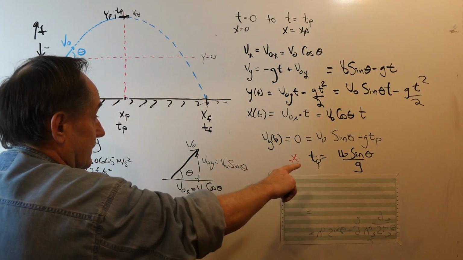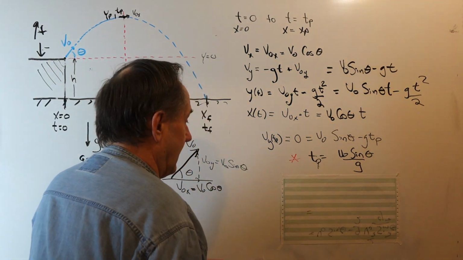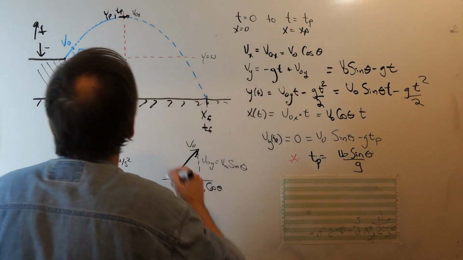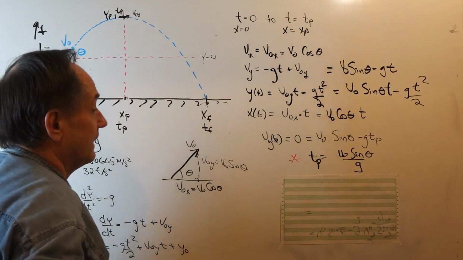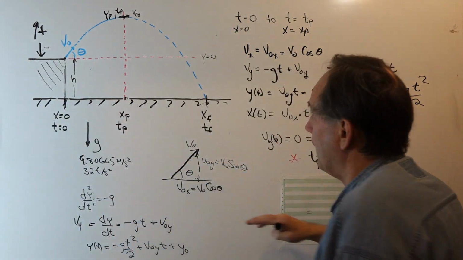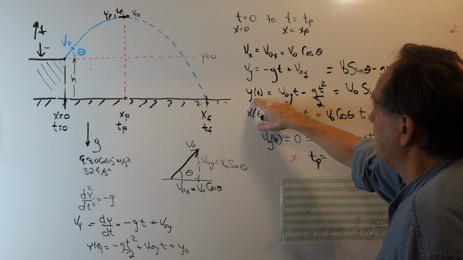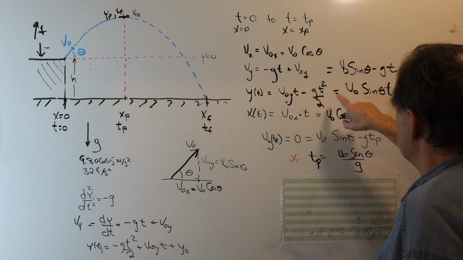We can find out how high it has flown upward by using this equation for our vertical flight distance.